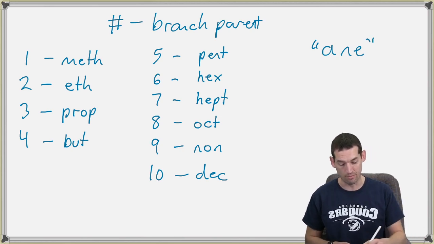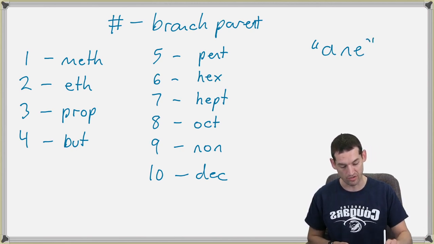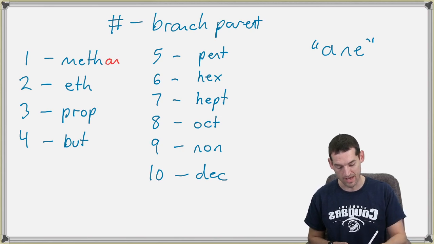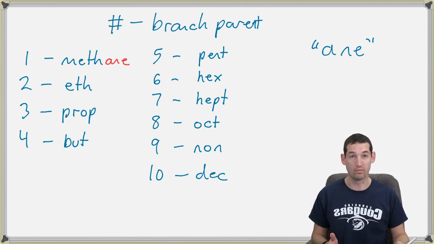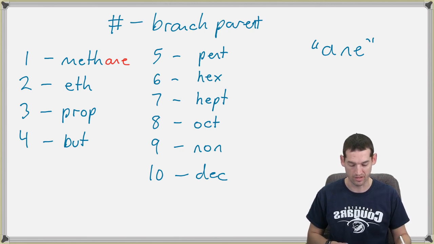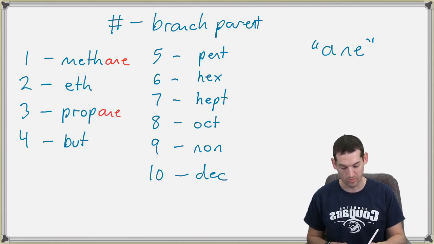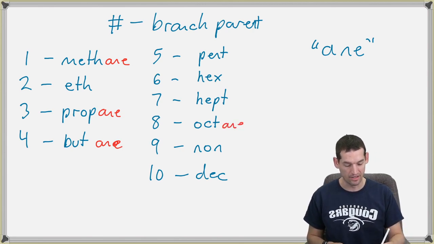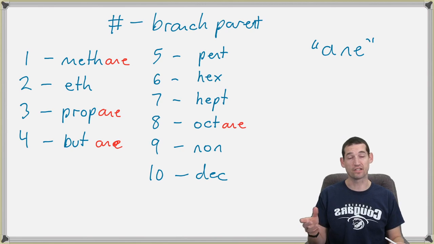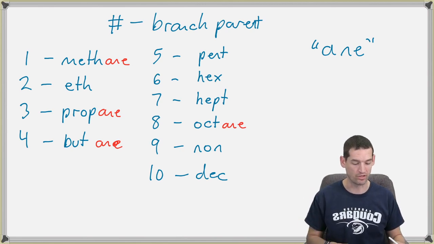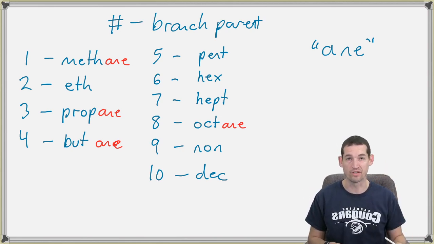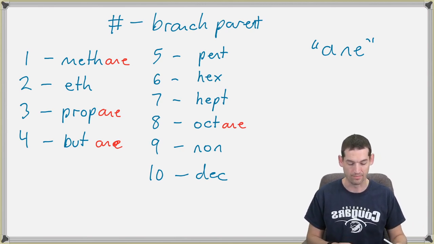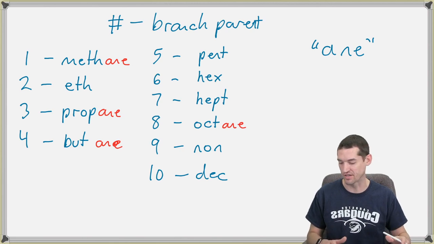So for example, methane means it's a 1 carbon molecule in the alkane family. Propane, butane, right? All of these molecules, octane, are made by taking the prefix that tells us how many carbons are in that molecule, and then the ane ending, which tells us which family or group of organic molecules it's in. So that's what you're going to see in today's lesson, is specifically working with the alkanes.